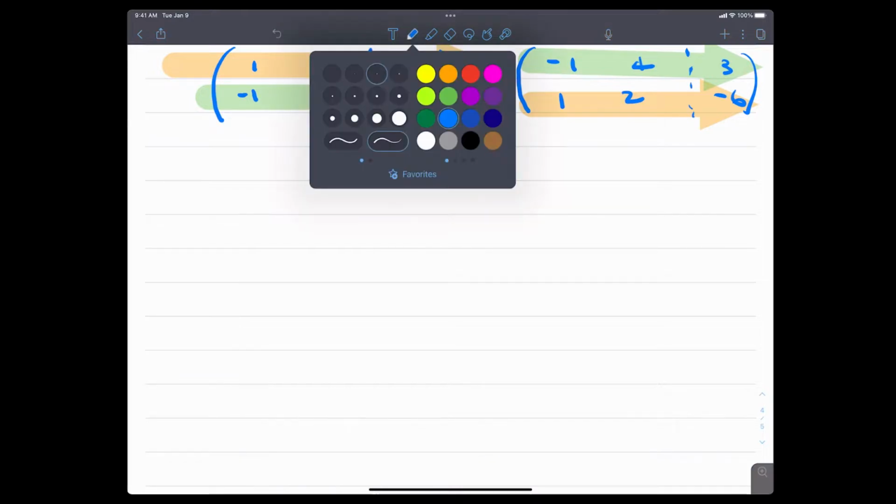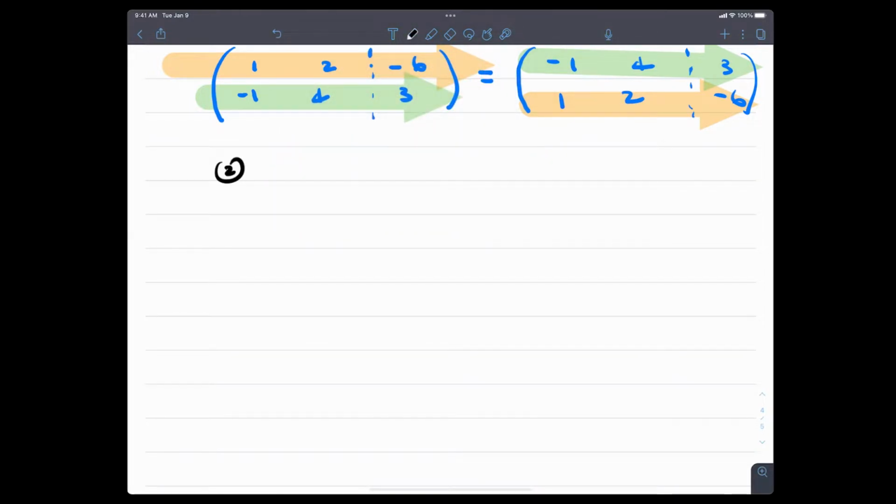The second thing we could do here, ladies and gentlemen, is we can multiply a constant. You know what constant really means? It means number. It just means number.